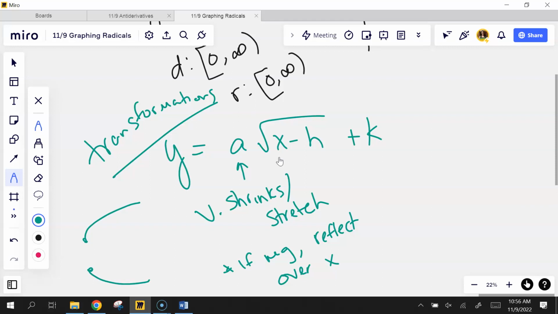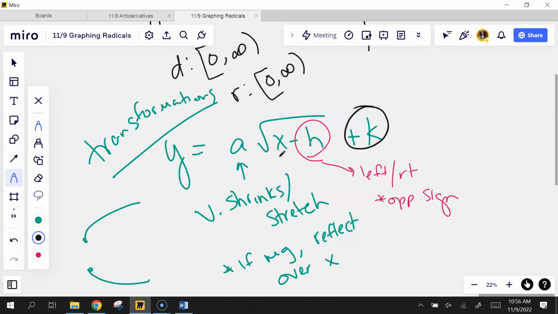All right, what does the h do? Left and right, but it's opposite sign, right? And how about the k? Up or down, same sign.